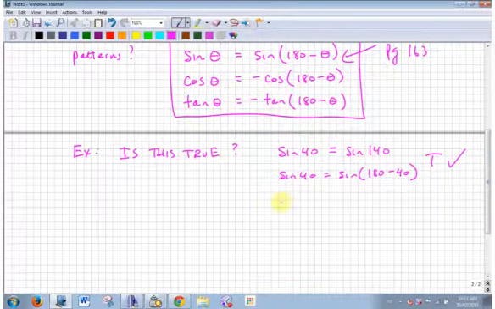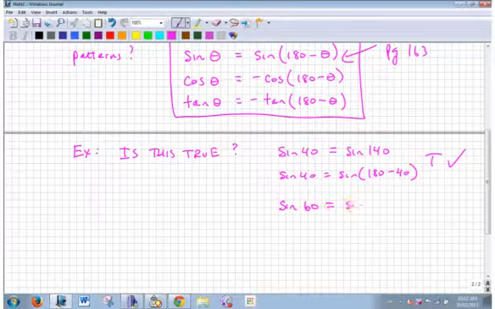So let's look at another one. Sine 60. Is that equal to sine 160? Someone says no. It isn't, right? Because what's 180 minus 60? It's 120. Sine of 60 is equal to sine 120.